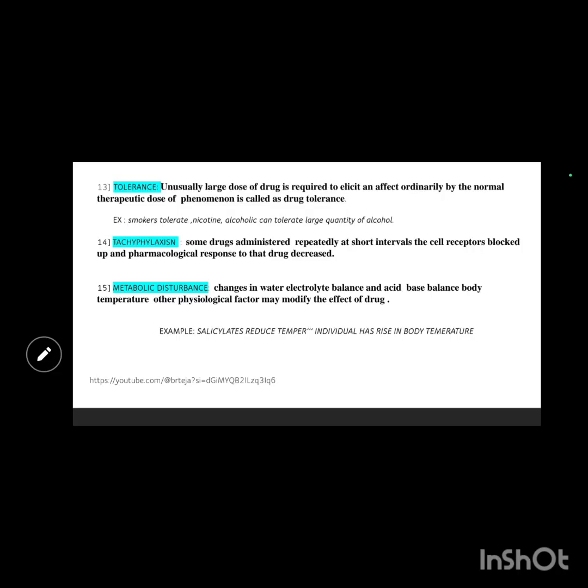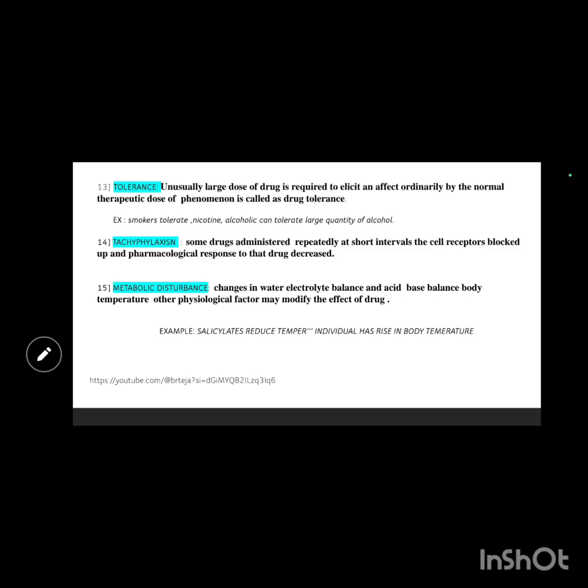Next one, tolerance. What is tolerance? An unusually large dose of a drug is required to elicit an effect ordinarily produced by the normal therapeutic dose. This phenomenon is called drug tolerance. For example, smokers can tolerate nicotine, and alcoholics can tolerate a large quantity of alcohol.